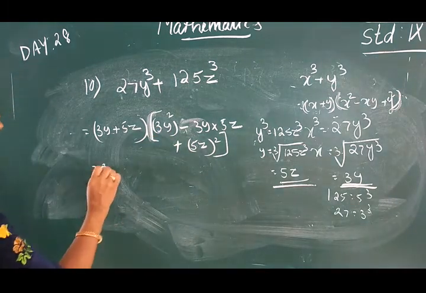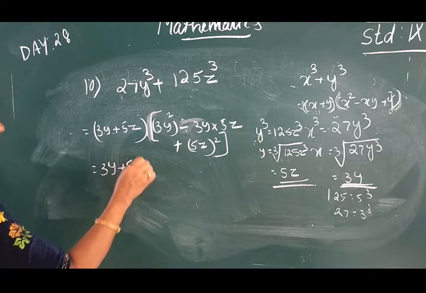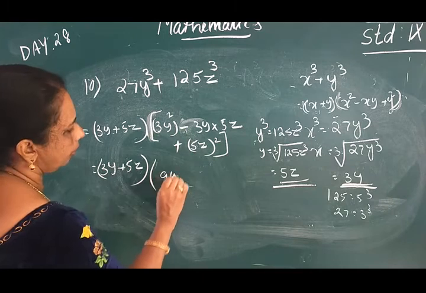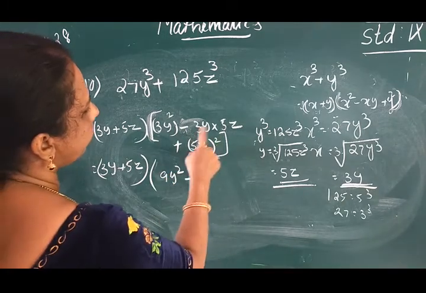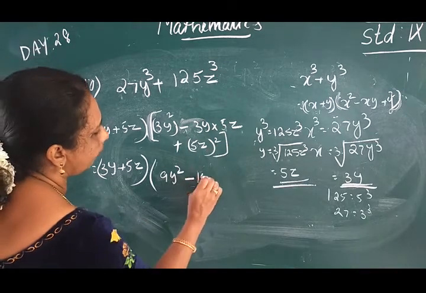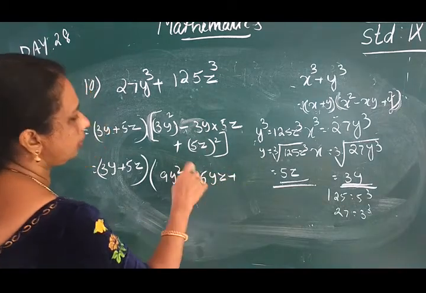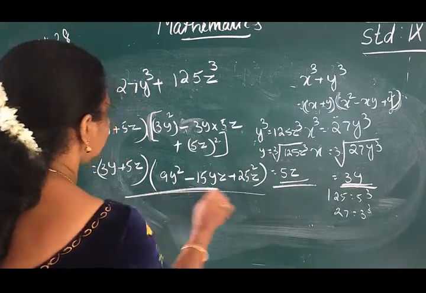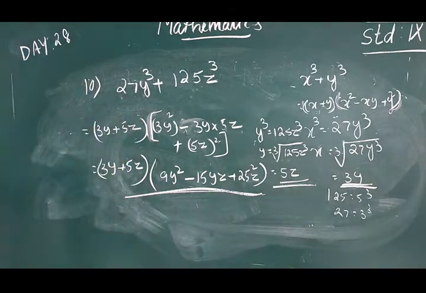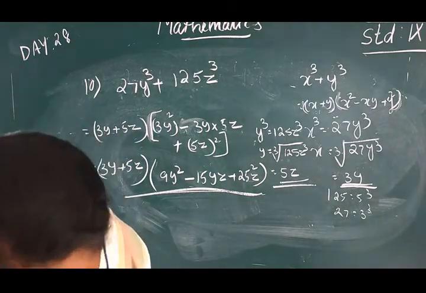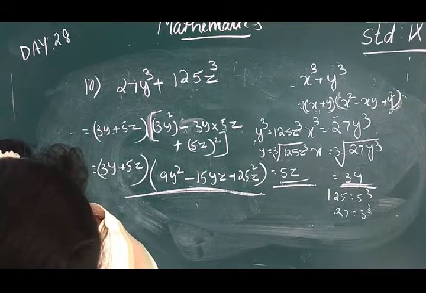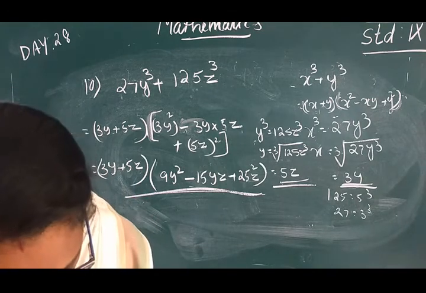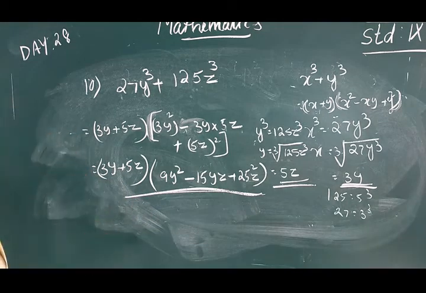Change the bracket: 3y plus 5z, that is one factor, into (3y) whole square, 9y square, minus 3 fives are 15yz, plus 5 square, 25z square. These are the factors of the given question. One more question is there based on this identity. This one is 3y plus 5z into 9y square minus 15yz plus 25z square.